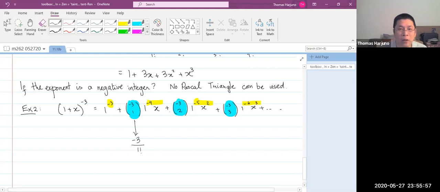For negative 3 combination 2, it will be negative 3 times negative 4 over 2 times 1. I'm sorry, I subtract by 1, so not negative 2. Negative 3 combination 3 means negative 3 times negative 4 times negative 5, 3 factors on the top starting from negative 3, over 3 times 2 times 1.